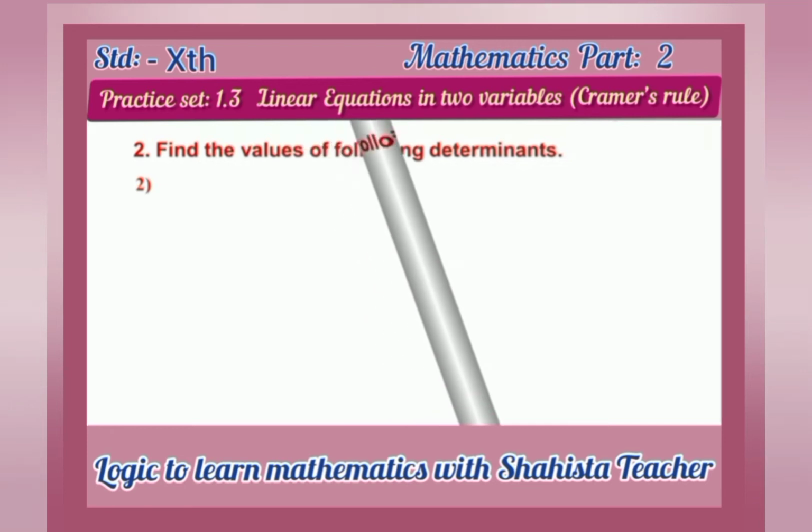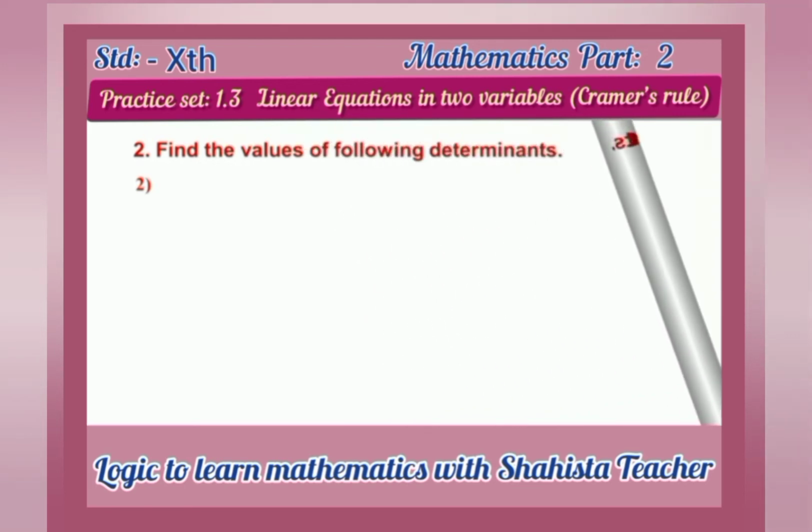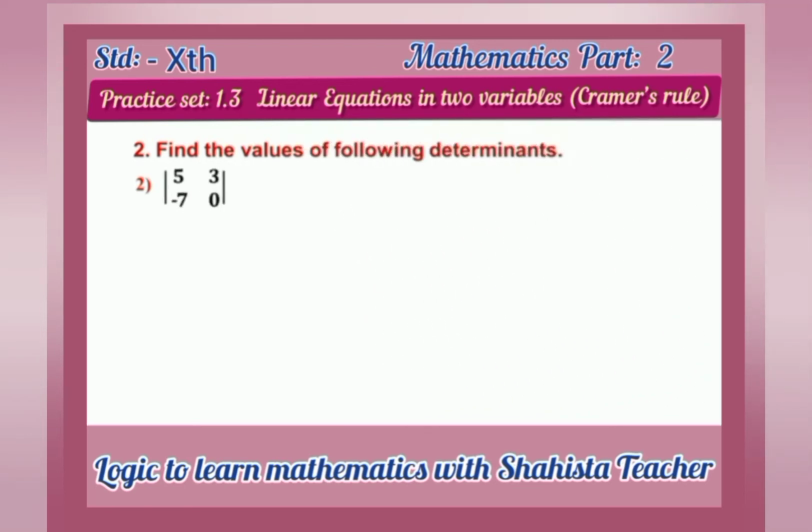Sub-question 2 says that inside this matrix 5, 3, minus 7 and 0, we will apply the cross multiplication rule. So determinant D is equal to 5 multiplied by 0.